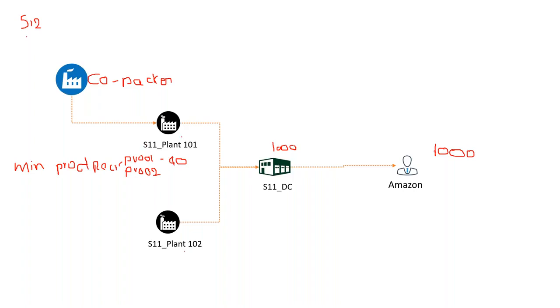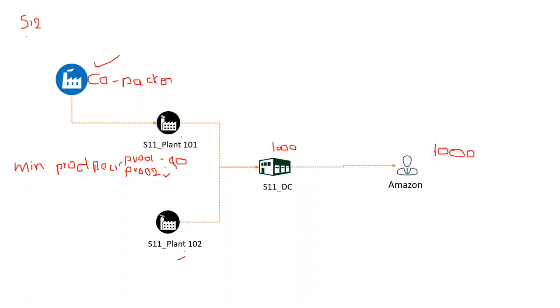It says produce 90, and the remaining 910 would be sourced from either here, or maybe from a different production version here, or maybe completely from production version 1 itself. We never know, but a minimum of 90 would be produced from plant 1 on this particular production version. So that's the case with the minimum production receipt.